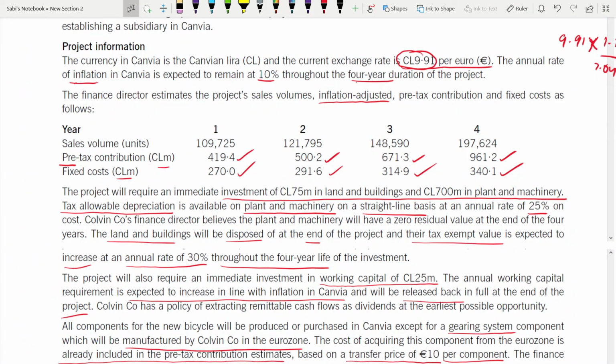And the value is 75. And they told that land and buildings will be disposed at the end of the project. The tax exempt value is expected to increase at an annual rate of 30% throughout the 4-year life of the investment.